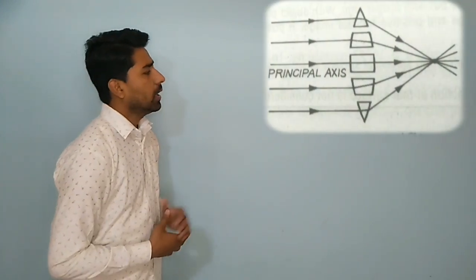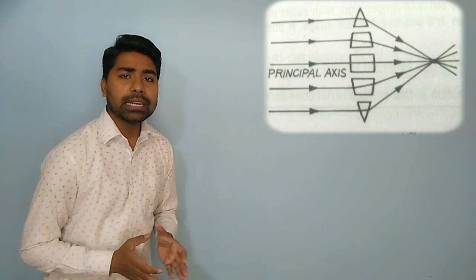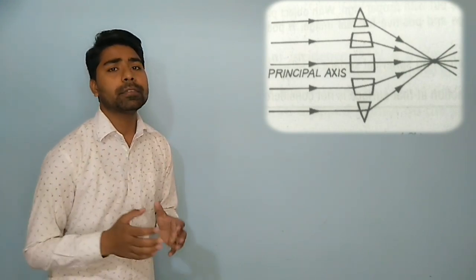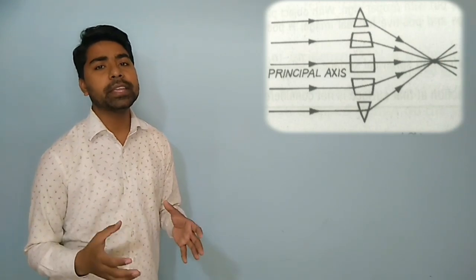So you can see the converging and diverging actions. But how are these actions going on? Taking the convex and the concave lens, it is assumed that the lenses are made up of a small number of tiny prisms.